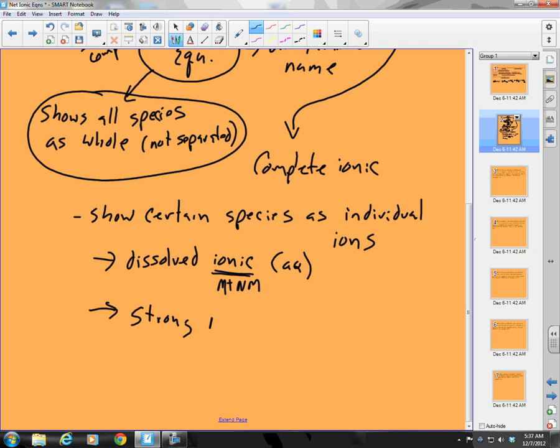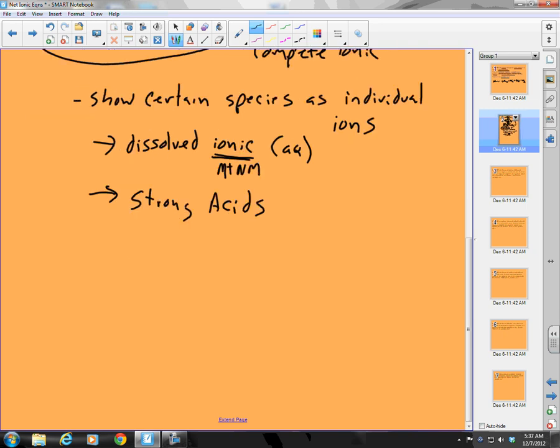Strong acids. Now, acids are molecular, but we're going to write them separated, and these are the strong acids we have to write separately: HCl, HBr, HI, HNO3, HClO4, and HClO3.